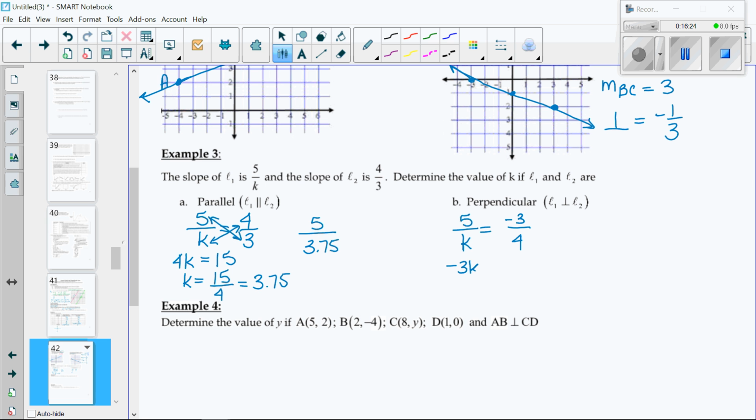So I have negative 3k is equal to 4 times 5. I was about to write 20. Actually, I'll just write 20. k is equal to 20 over negative 3. Now, this isn't a really nice number at all, but k is going to equal negative 6.7.